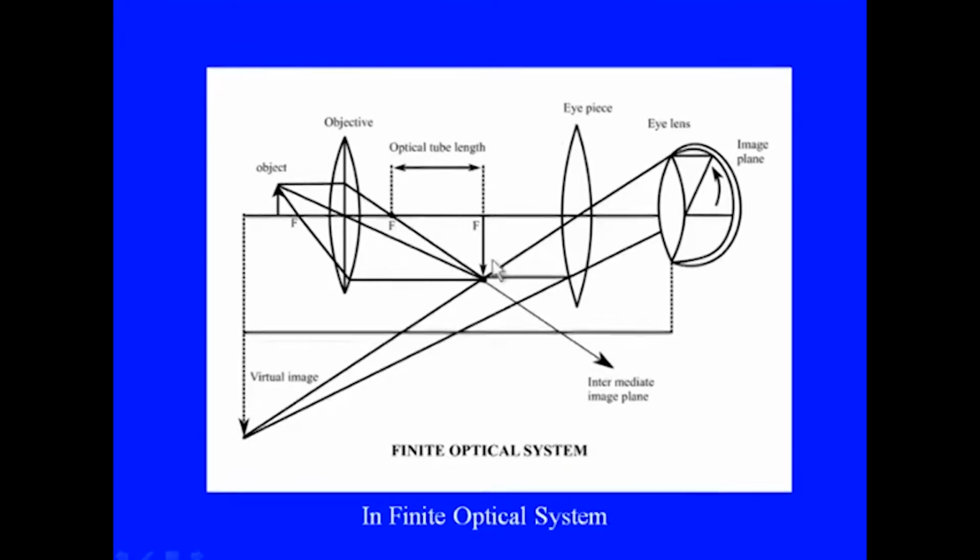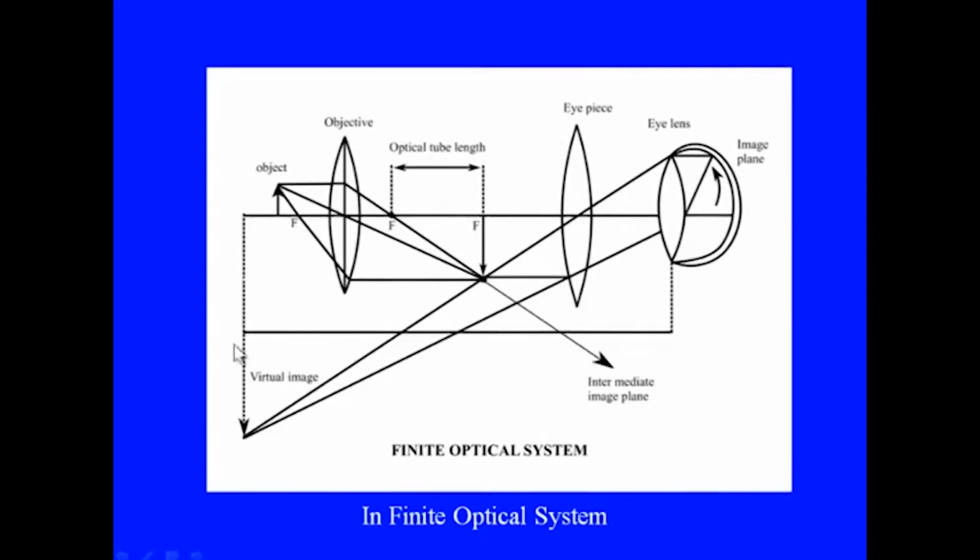Now, this acts as an object for the eyepiece, and the eyepiece will make a virtual erect image on the same side of the lens, that is the eyepiece. This image is formed at 25 centimeter or 250 millimeter from the eye lens, which you can say is a relaxed position for the eyes to view objects.